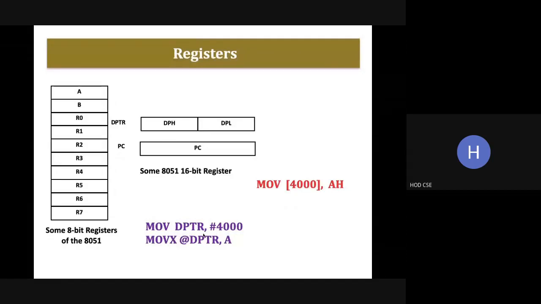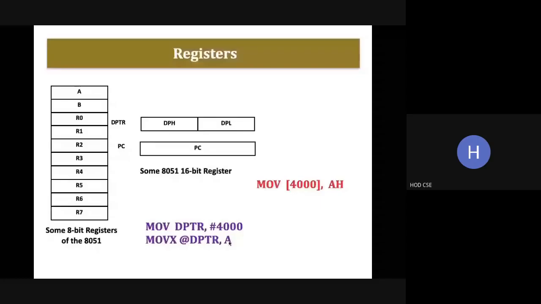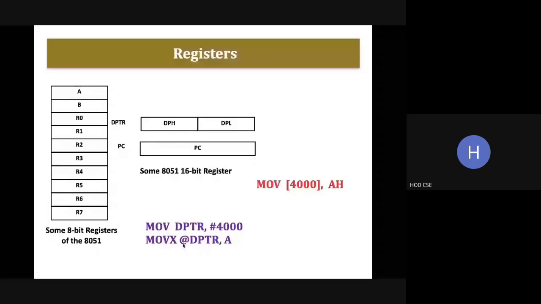So how is this instruction written in the microcontroller? Since we have immediate data, we put MOV DPTR, #4000. Then MOVX @DPTR, A means the data at the memory location pointed to by DPTR. Whenever we have the @ symbol, it refers to data in that memory location.